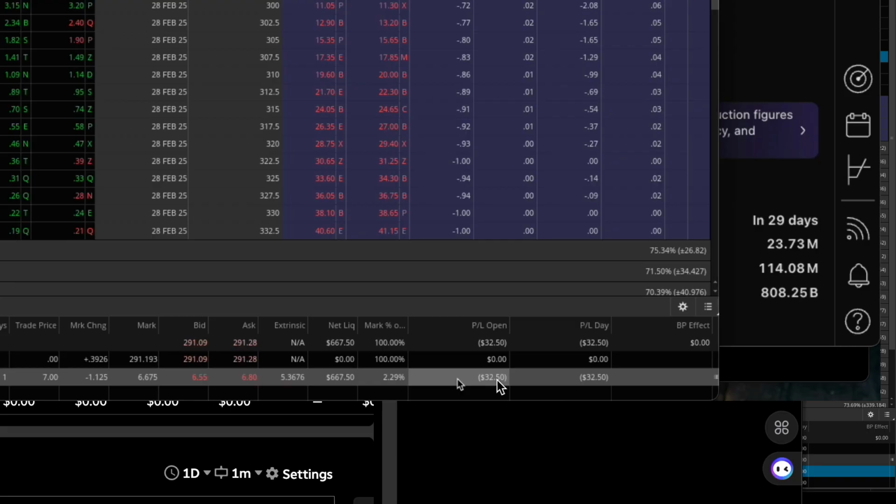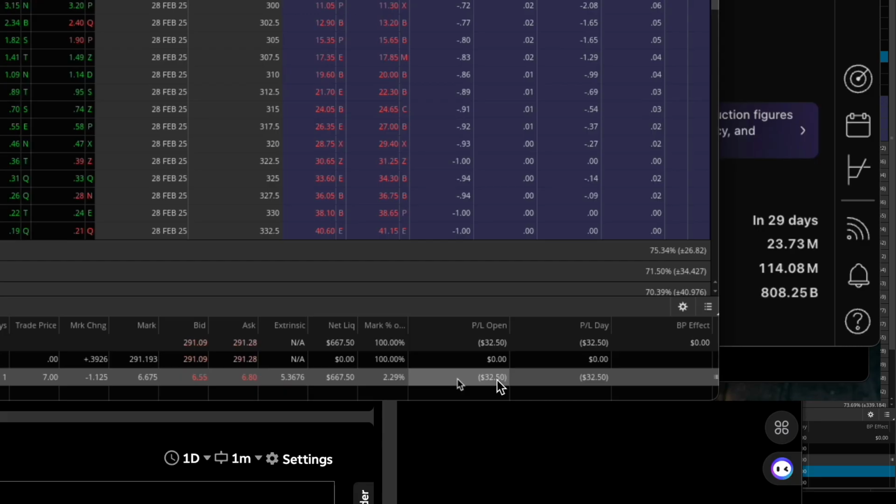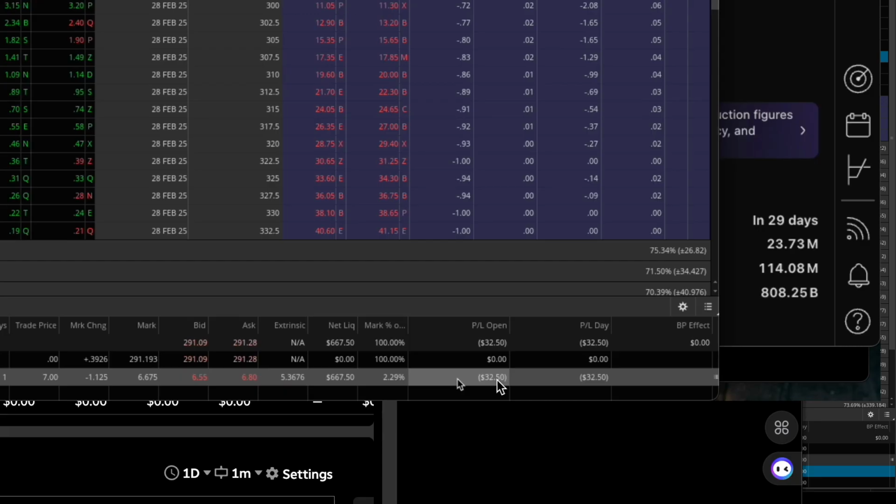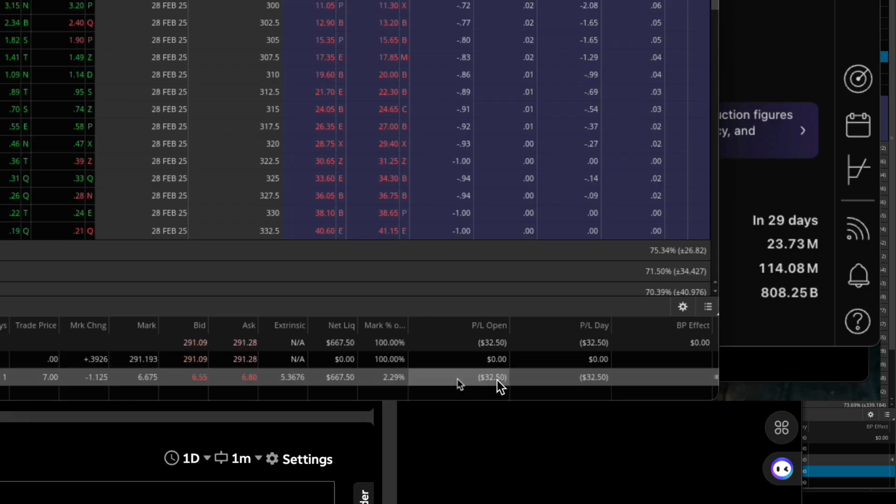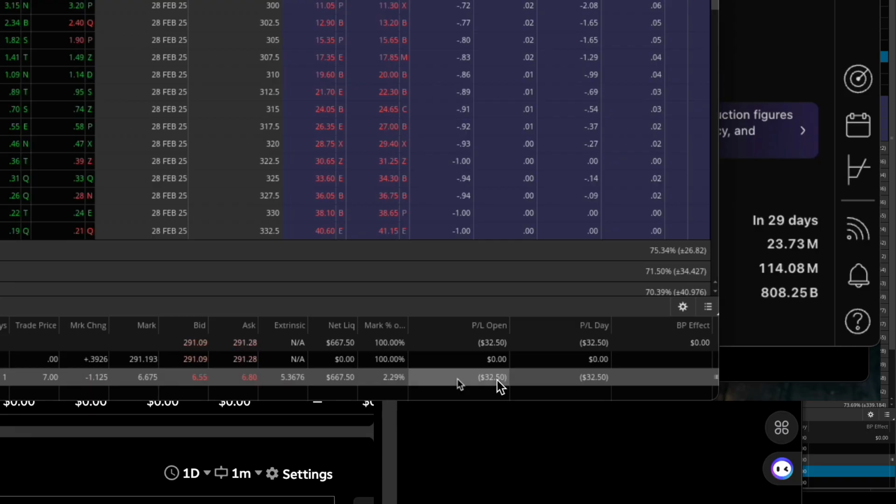You're like, yeah. And then all of a sudden it went against you. Now you're down $900 in less than a couple of seconds. Because remember, this candle is between 0 and 59 seconds. So within a couple of seconds, you're already down $1,000.